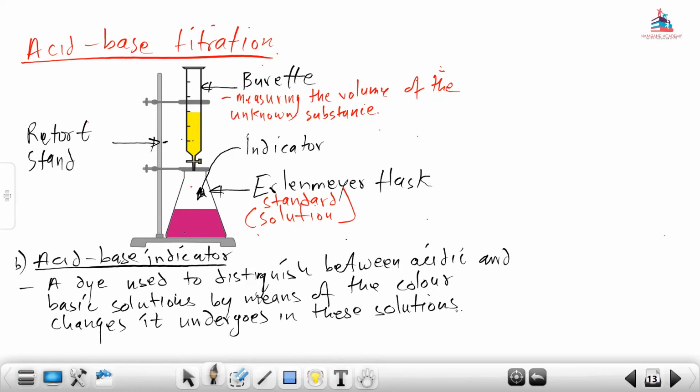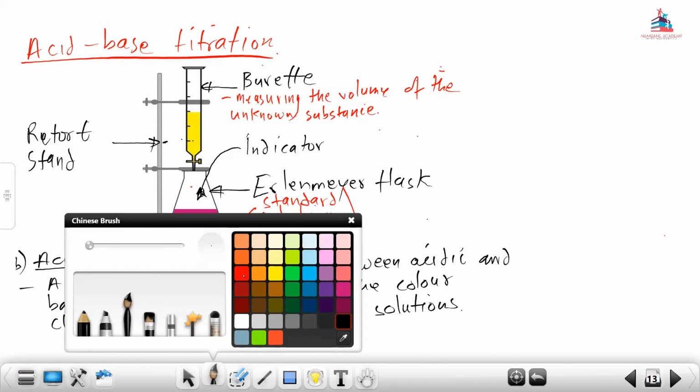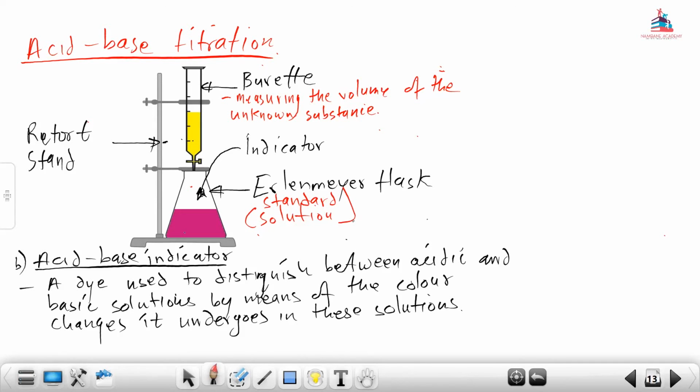So that is the reason why we need to have an indicator. An indicator is there to assist and help us to distinguish between acidic and basic solution. But how does it do that? It will give us a color change.